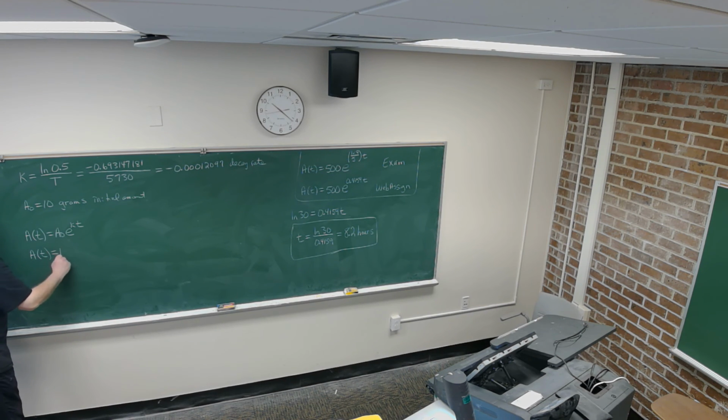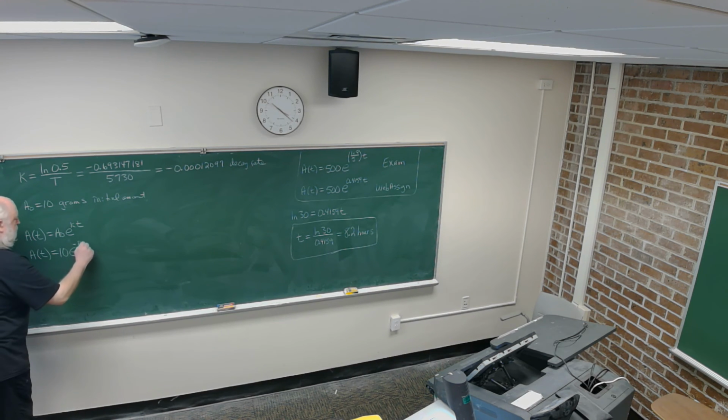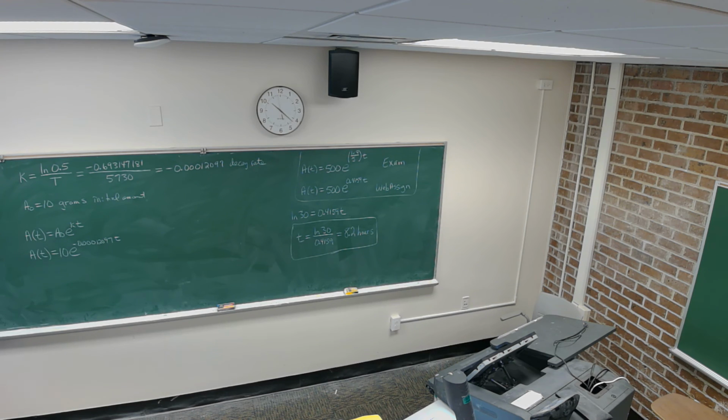A sub 0 is 10, and k is minus 0.000012097 times t. The exponent is negative, there's a minus sign in front of the decay rate, so you know this is exponential decay.